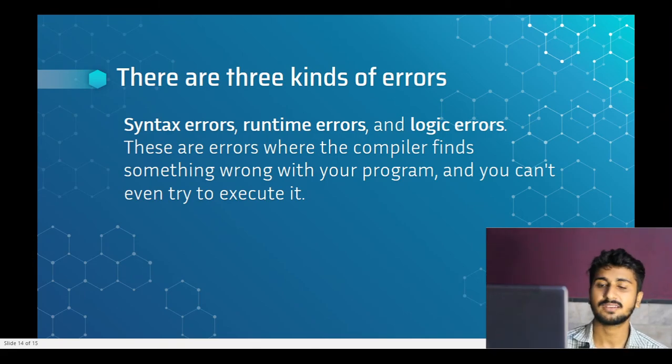So after that, logic errors. A logic error is when your program compiles and runs but does the wrong thing. Sometimes we run our program and it gives us output, but the output is not what we want.